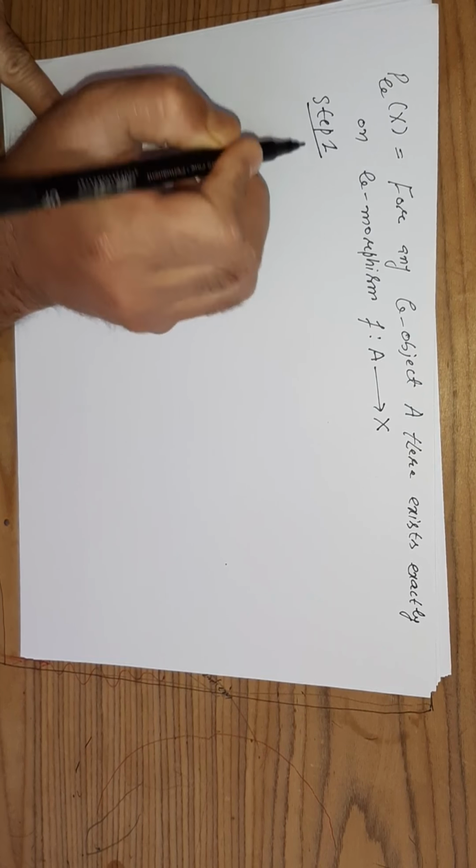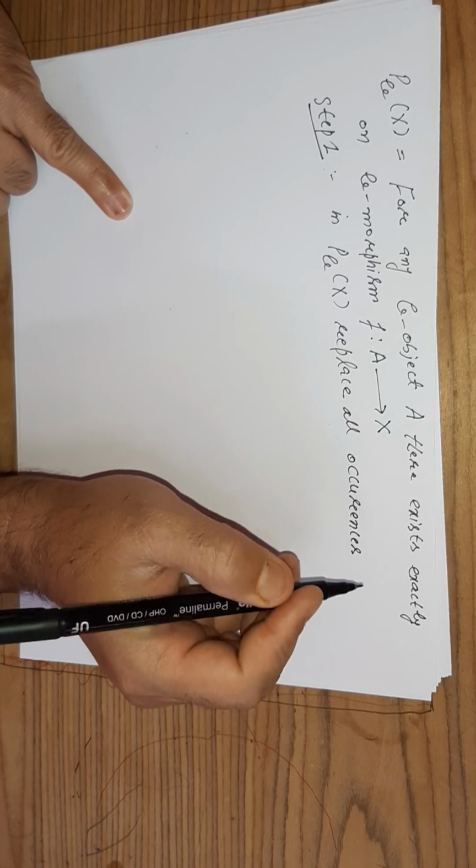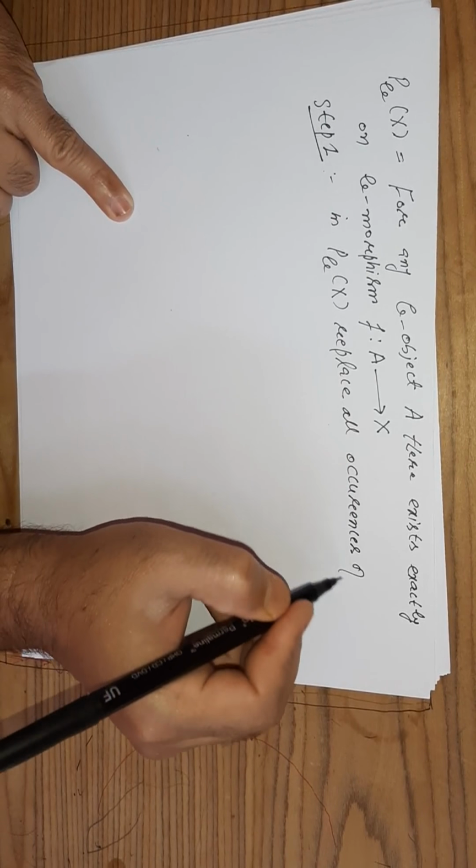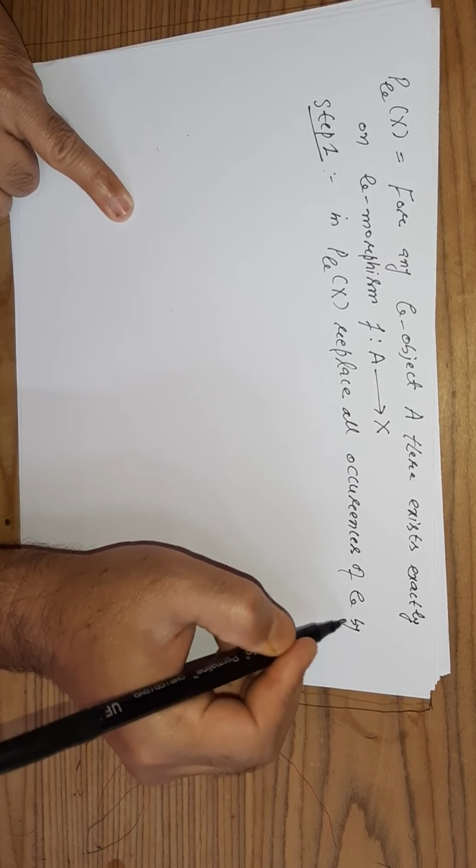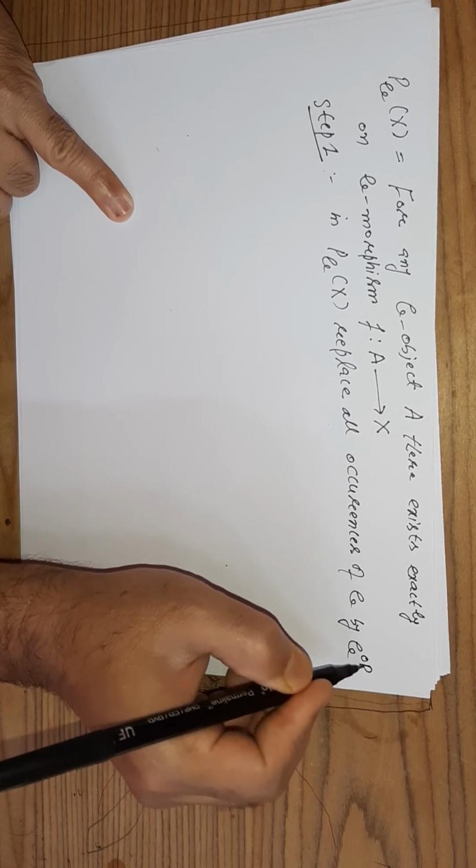So in the statement P of C, X, replace all occurrences of C by C opposite.